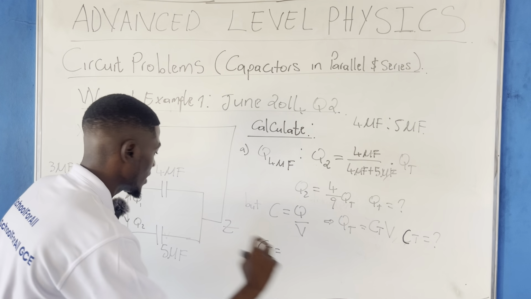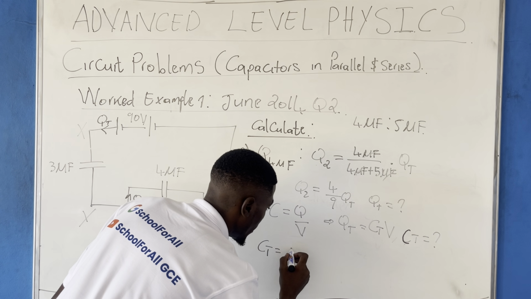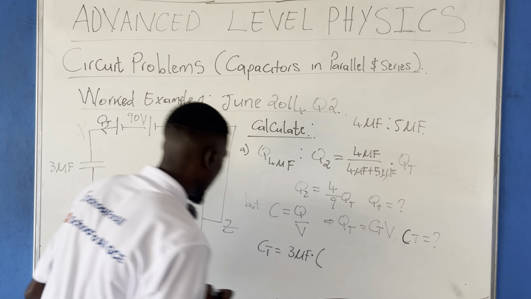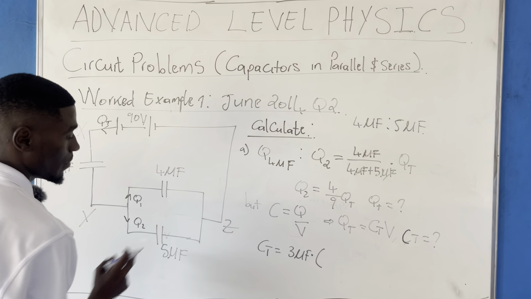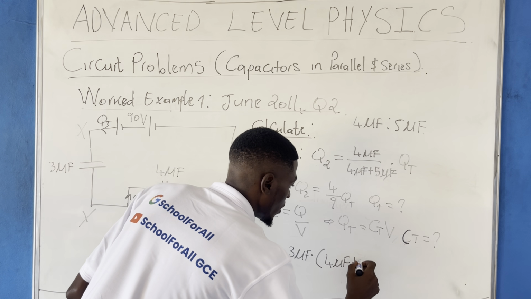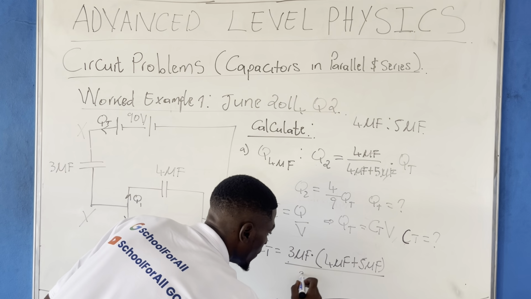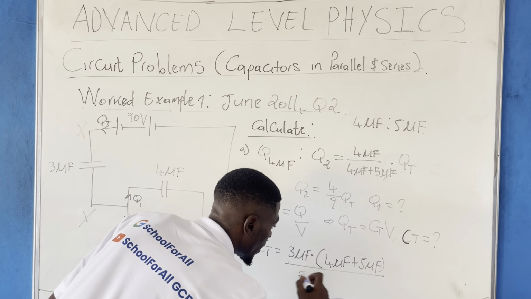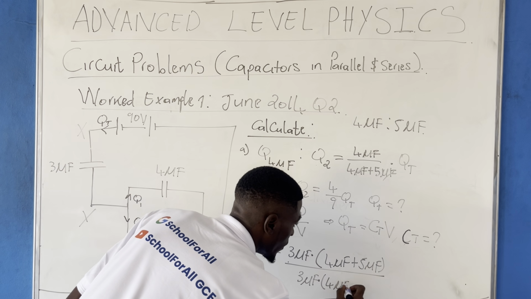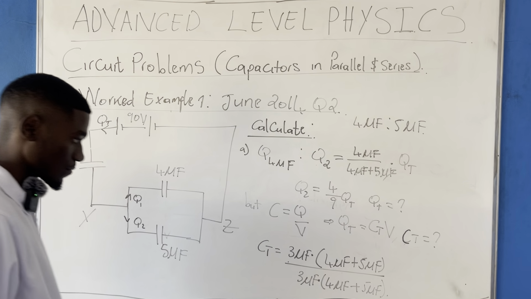So I will have 3 microfarad times, in bracket, 4 microfarad plus 5 microfarad, divided by 3 microfarad plus 4 microfarad plus 5 microfarad.